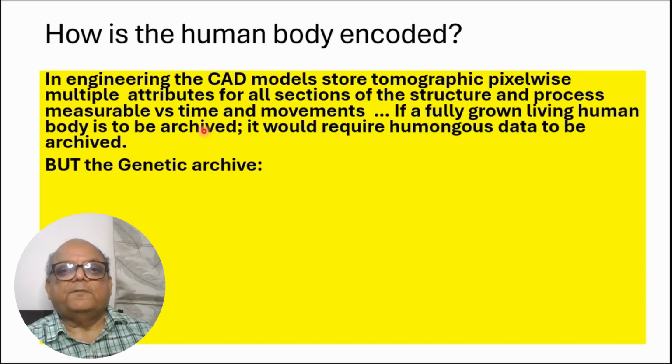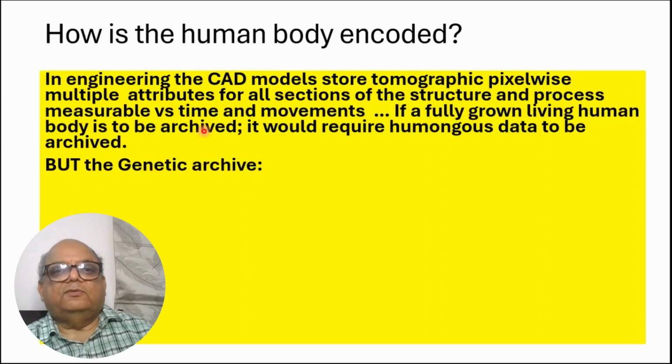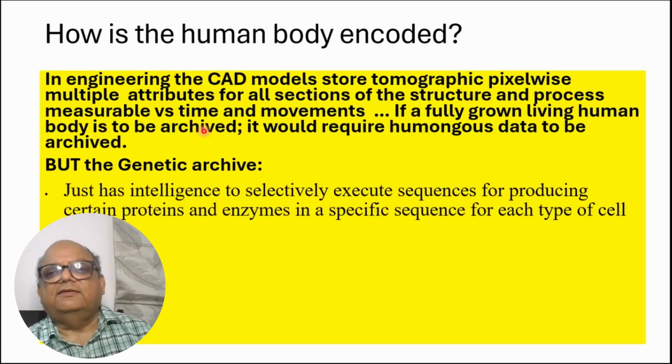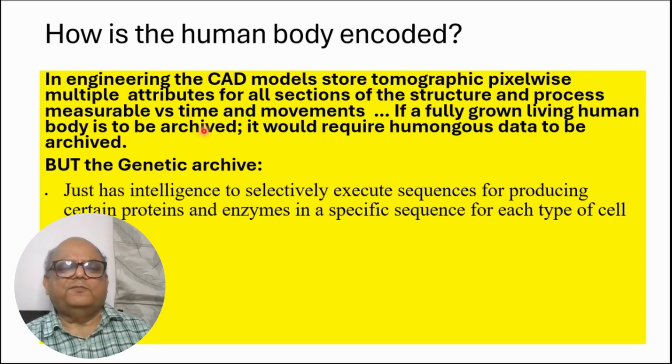What is known about the genetic archive is that it has just the intelligence to selectively execute some sequences of genes for producing certain proteins and certain enzymes in a certain sequence for each type of cell. Simple.